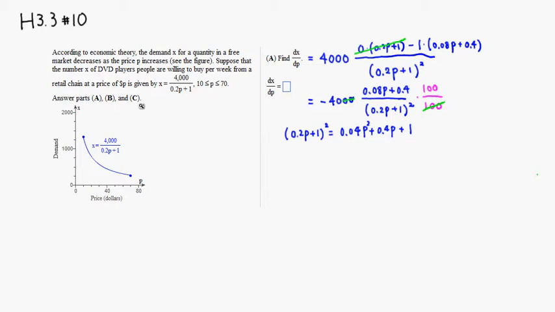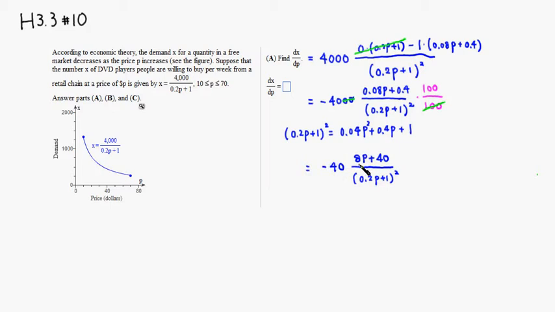Then you will get negative 40 in front, then 100 times 0.08 is 8p, plus 0.4 times 100 is 40. The denominator stays the same, 0.2p plus 1 squared.